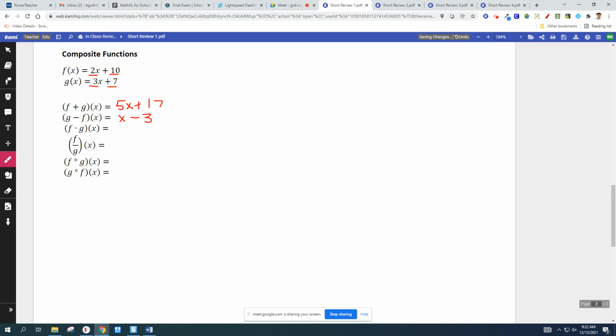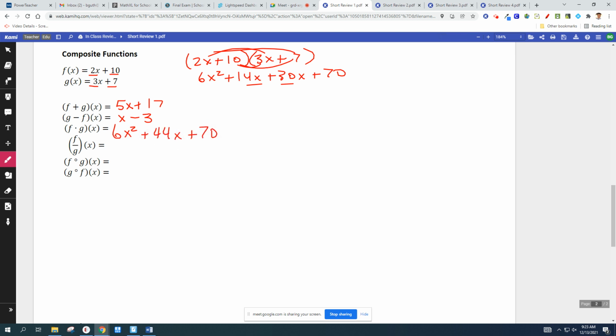F times g, a little bit more complicated because now we're going to have to multiply. That's going to involve distributive property, 6x squared plus 14x plus 30x plus 70. Like terms give me 6x squared plus 44x plus 70.